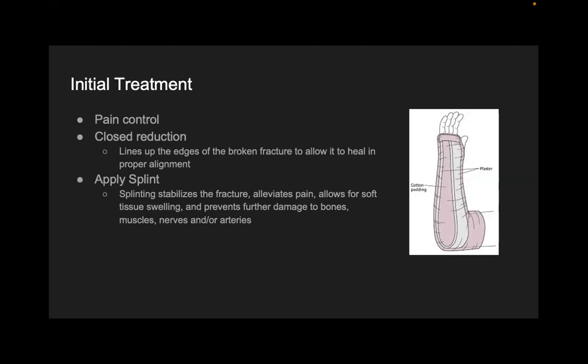Who knows what we do to a cast for pediatric patients to give them a little bit more room in case there's swelling, so that it's not super tight? Bivalve, okay? Have you guys heard that term before? No?